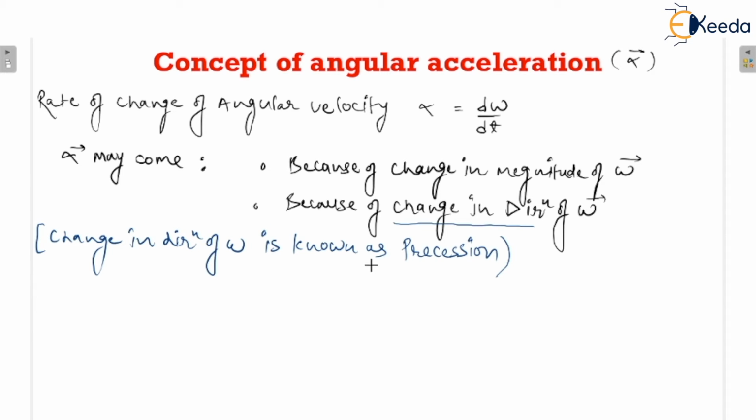Let us take a case in which the magnitude and the direction of omega are both changing. So I'm going to consider a case where magnitude as well as direction of omega is changing. Suppose this is the xy plane.